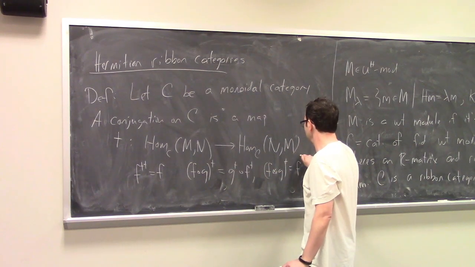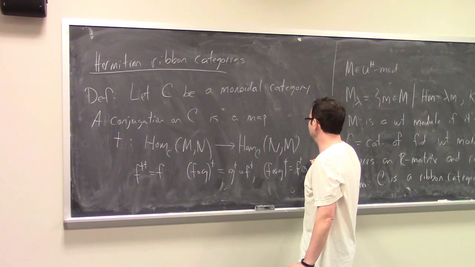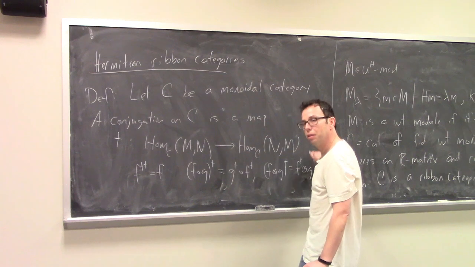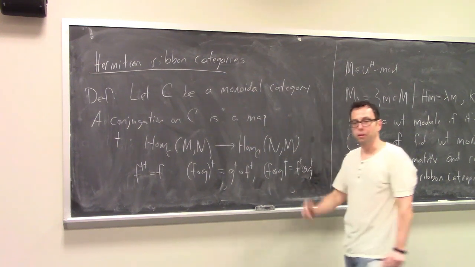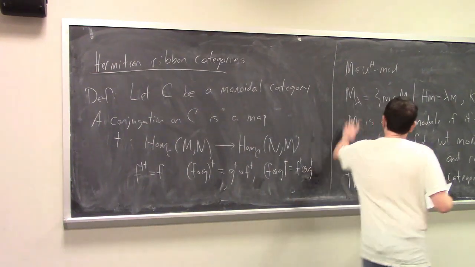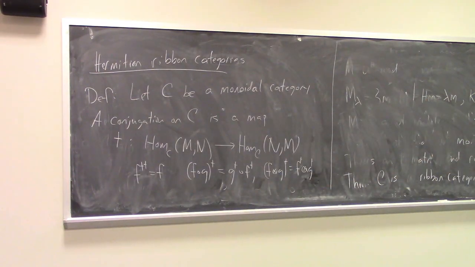Why don't you call it a dagger monoidal category? Is that a notion that's commonly known? Yeah. Okay, sorry. Yeah, then it's probably correct. Okay, so that's a conjugation on the category.